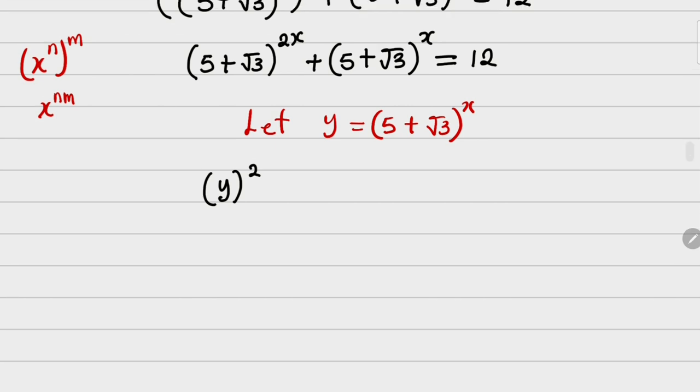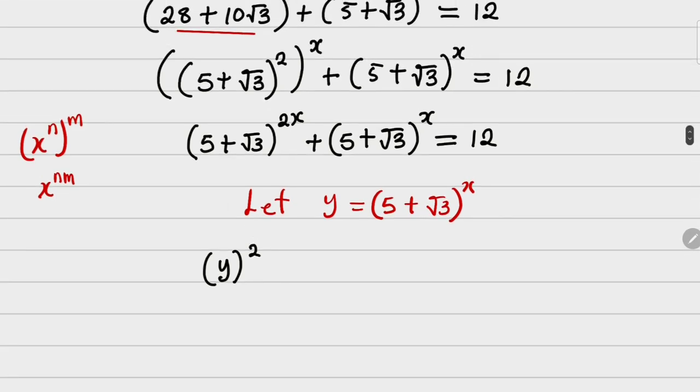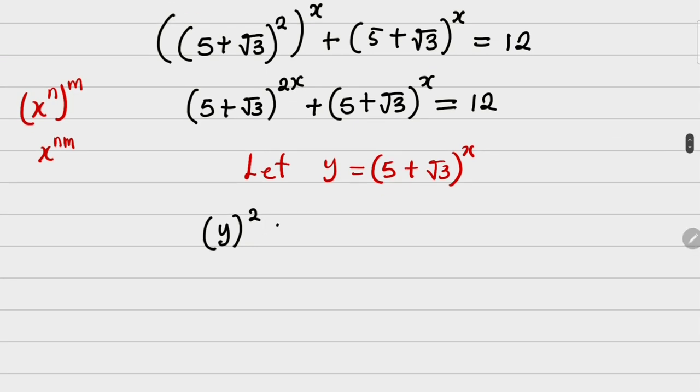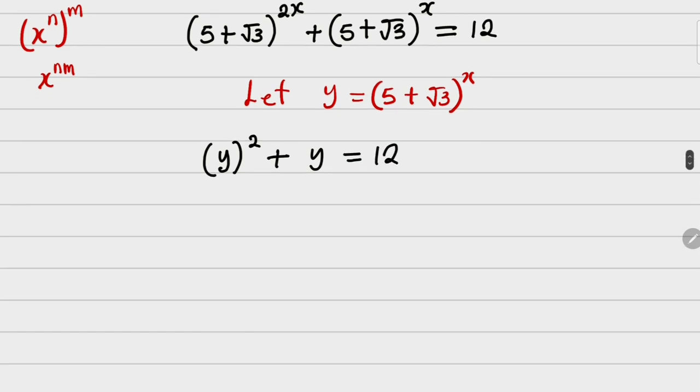Why? Because we know that 5 plus root 3 raised to power x is equal to y. Then I have plus y, and this is equal to 12. Now this is y squared plus y minus 12 is equal to 0.